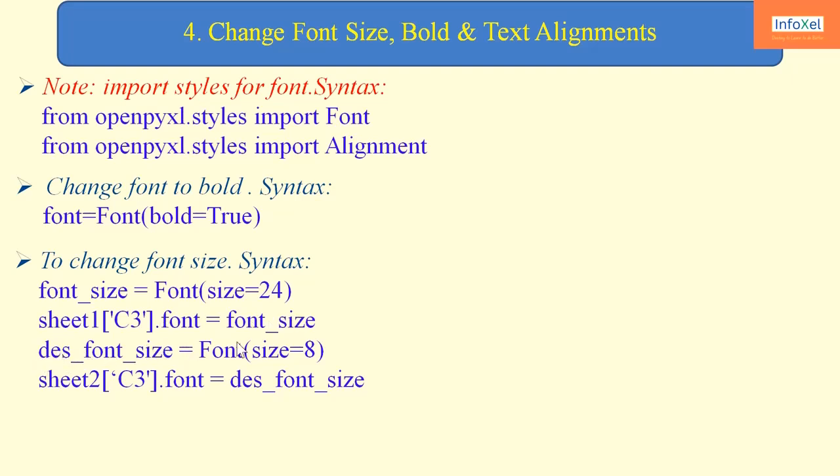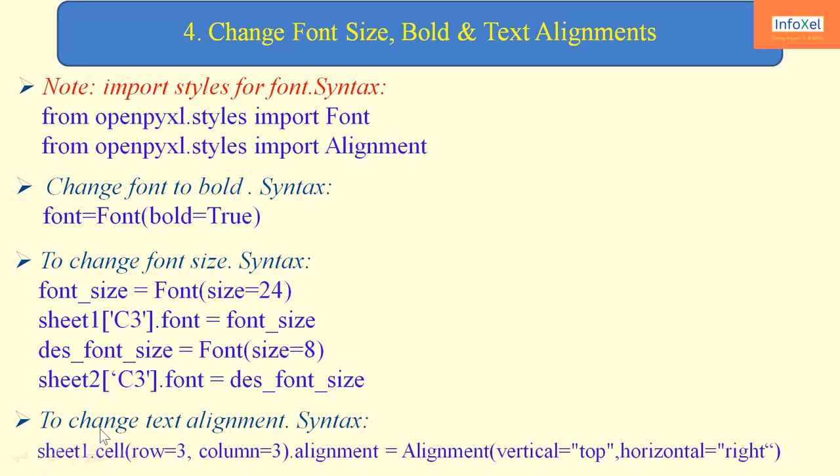The third statement is similar to the first one. We are again creating a font style with size 8, and that font size 8 is assigned to a variable ds_font_size, and then we are applying that font size to the cell C3.